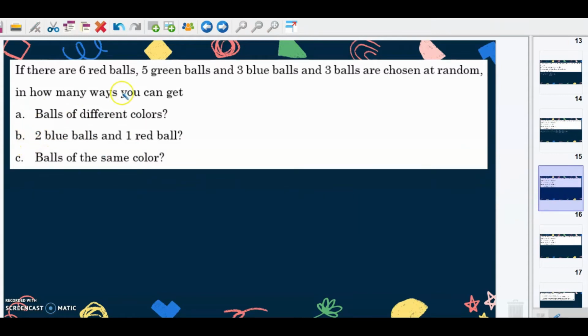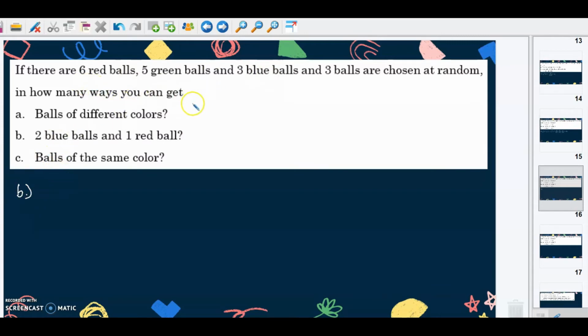So in how many ways can we get 2 blue balls and 1 red ball? So in letter B, the problem specifies that the composition of these 3 balls is 2 blue balls and 1 red ball. So meaning we're just going to choose from the total number of blue and the red balls. Okay?